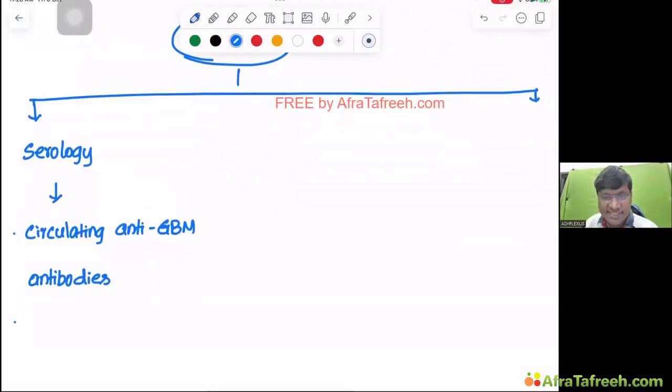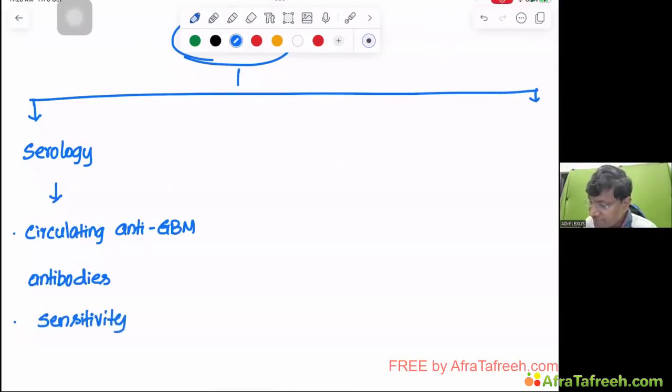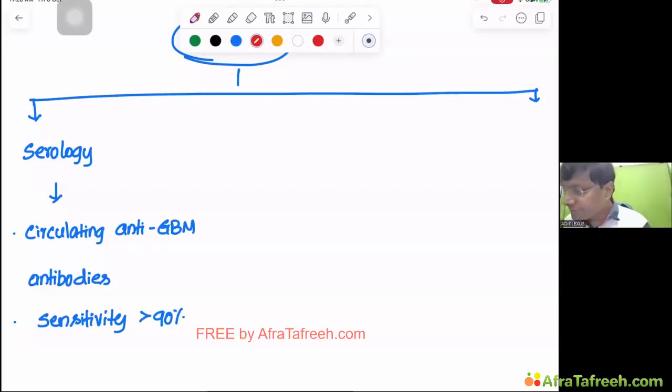And what is the sensitivity of these antibodies? It is more than 90%. Okay. Then, what does the X-ray show?